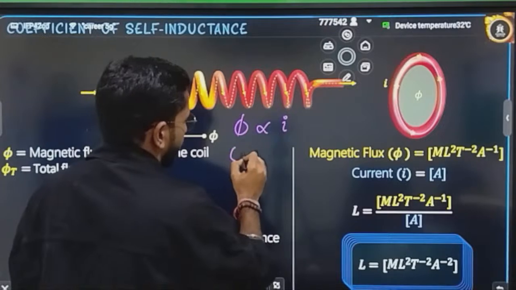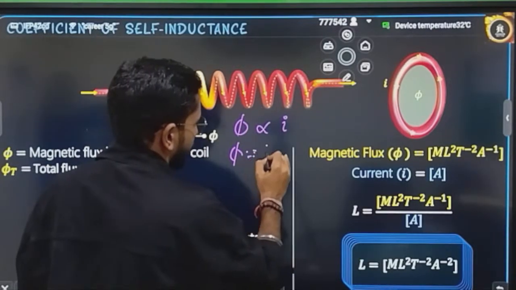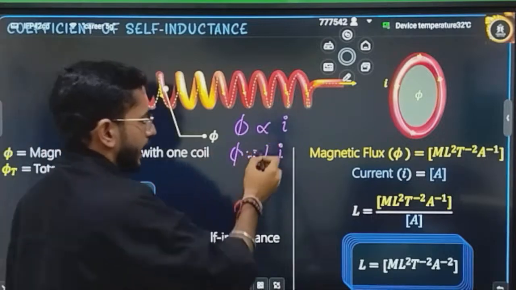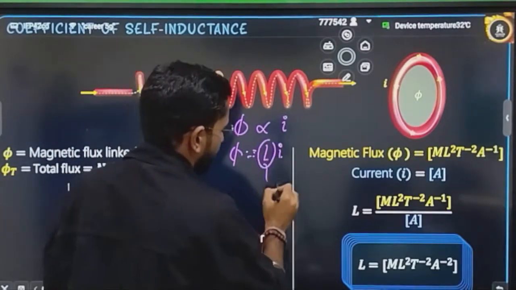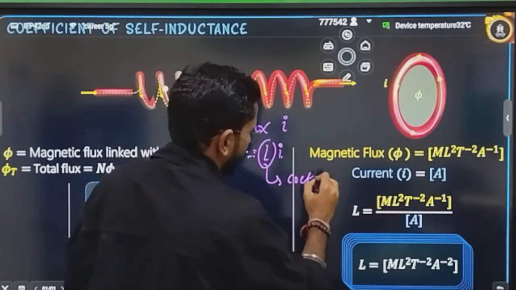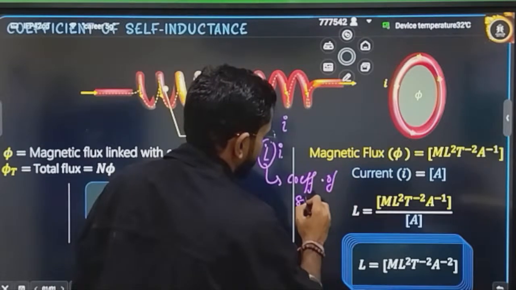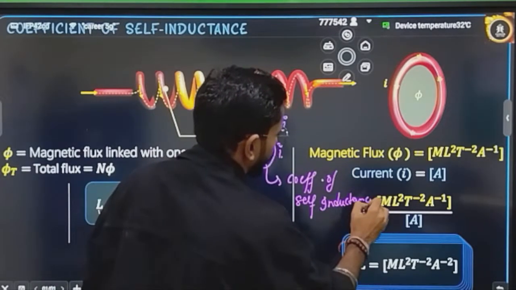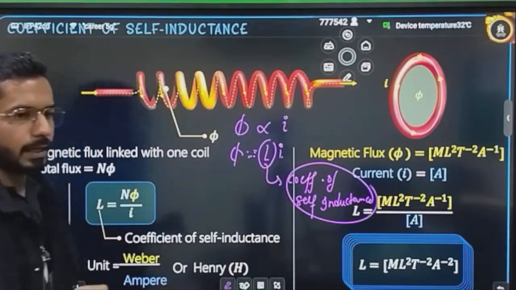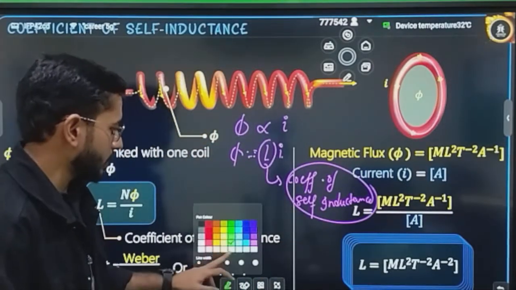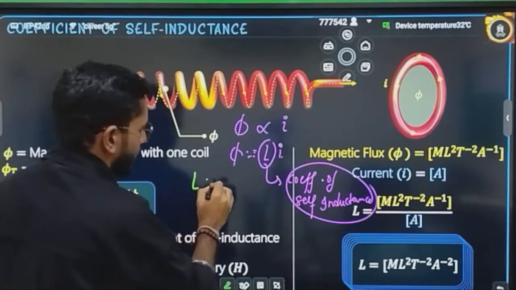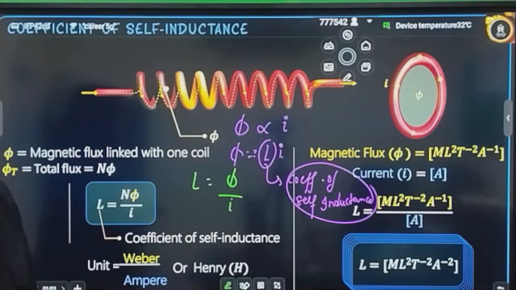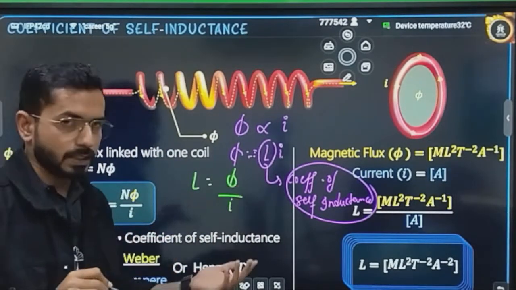So when we remove this proportionality, we have a constant that is represented as L. And I can say this L is nothing but the coefficient of self-inductance. This is called the coefficient of self-inductance. And L can be defined as flux divided by I. Self-inductance can be defined as flux divided by I.